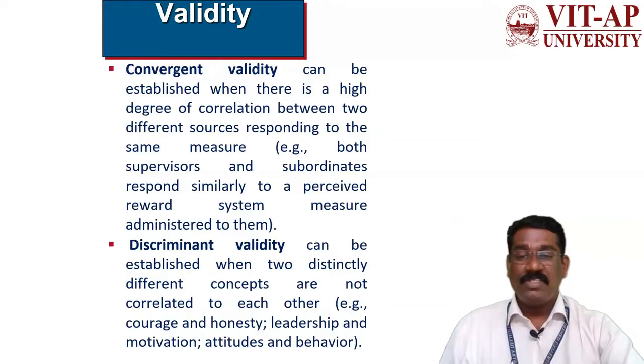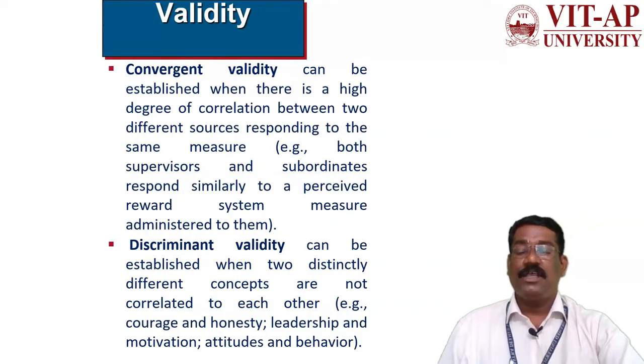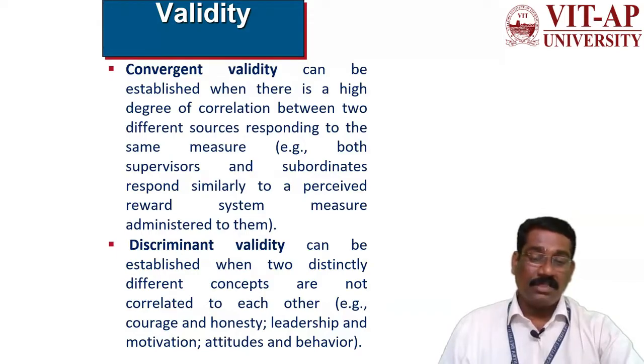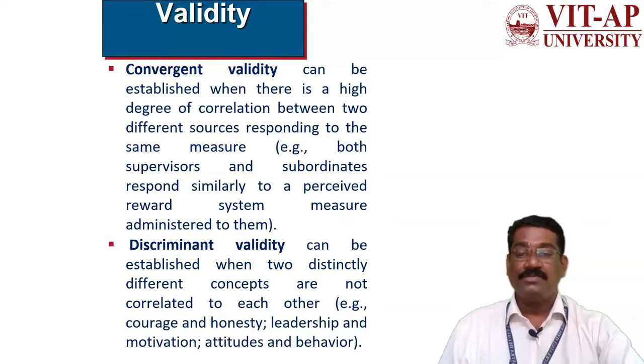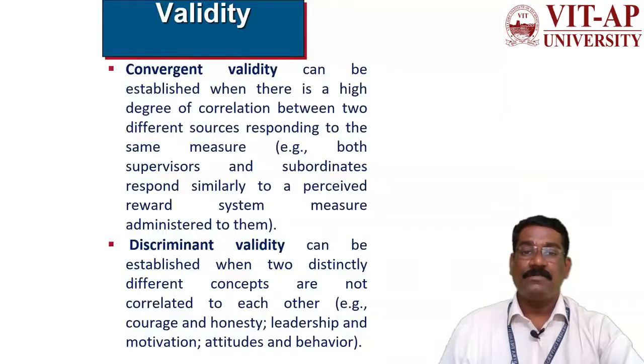Within the courage and honesty concept, the variables pertaining to that concept have to correlate with each other, and they should repel the variables for leadership and motivation, because there should be some kind of perceived difference, and so that's why it is called discriminant validity.